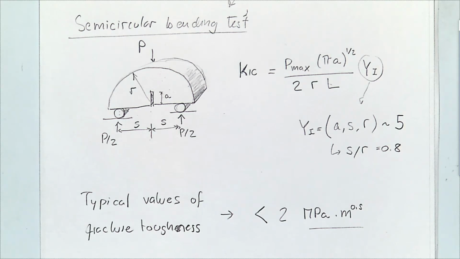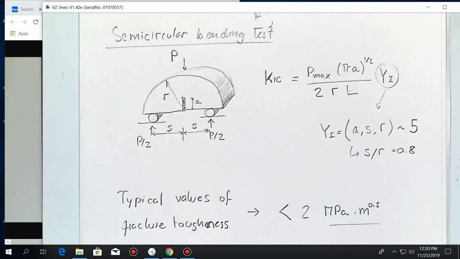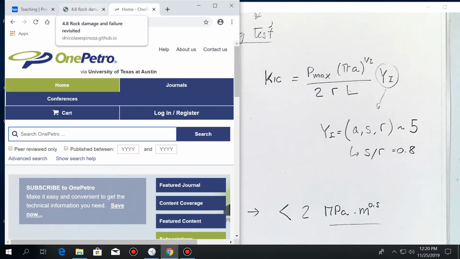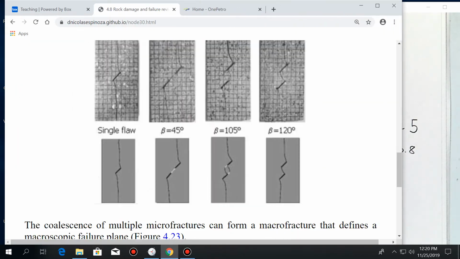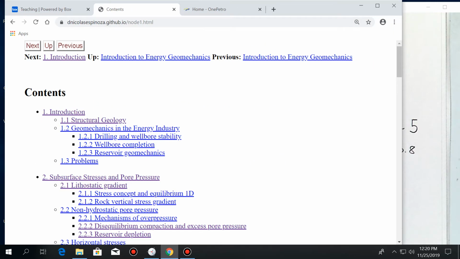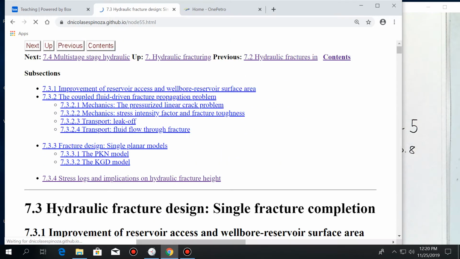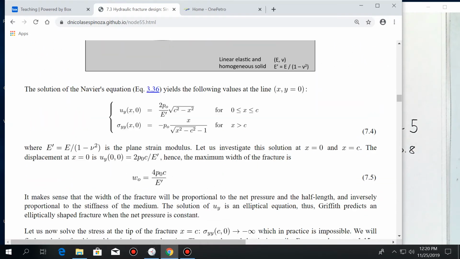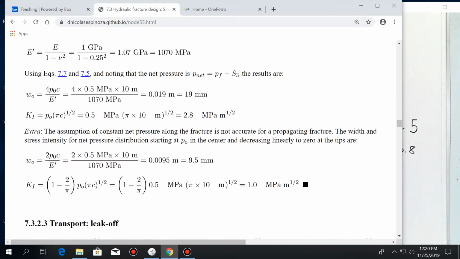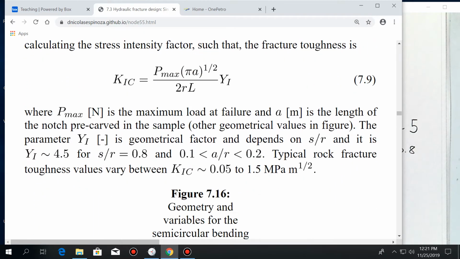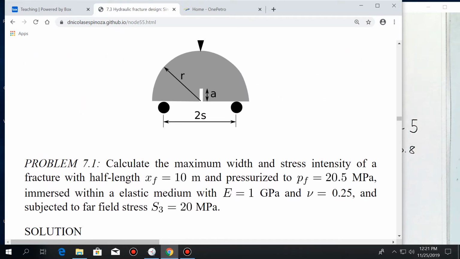And this is problem 7.1, if I remember correctly. Let me find it. Okay, here. Let's work quickly on this.